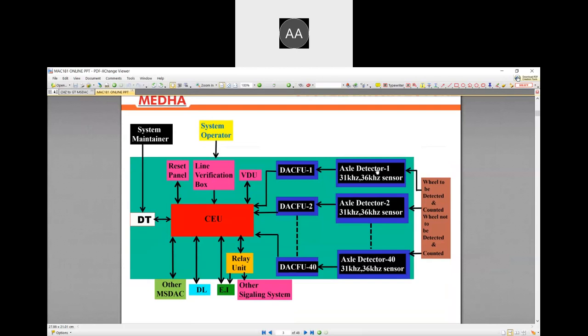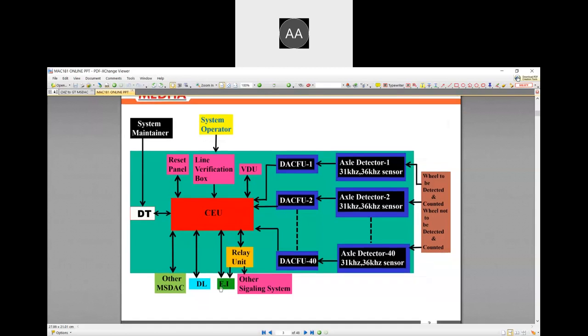So here you can see basically 40 DSFU units, and the CEU will be connected with the diagnostic terminal for maintenance purposes. Again, it will be connected with the VDU, line verification box and reset panel, if required. The EI is Medha EI, so Medha EI can be directly connected with the MSC181 system.